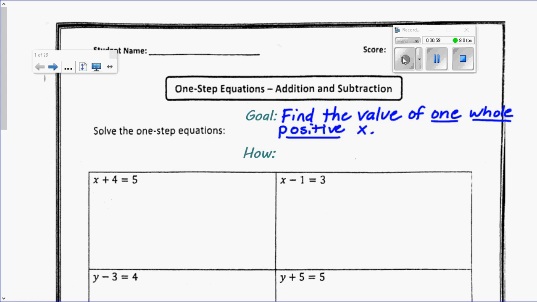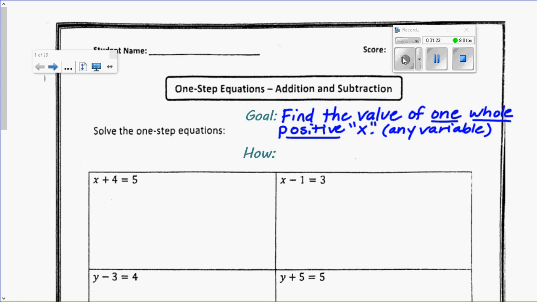And when I say x, I mean any variable. And the reason I emphasize those words, one whole positive, is because sometimes we'll be given more than one x. Sometimes we'll be given part of an x, and sometimes we'll be given a negative x. So anytime that we see something, we want to know what just that one positive x is.